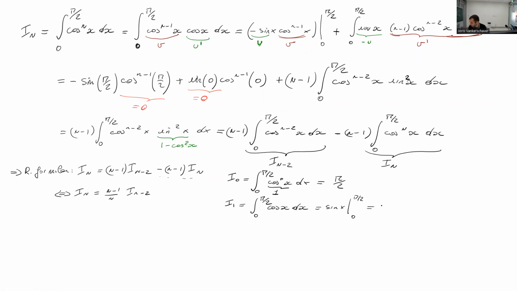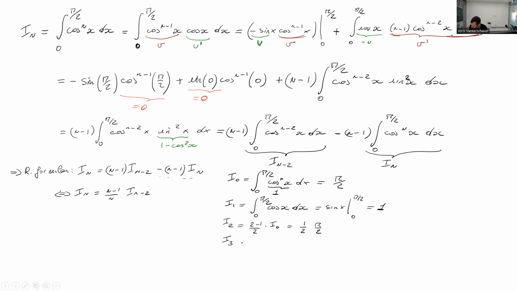Sine of pi over 2 is 1. Sine of 0 is 0. So 1 minus 0 gives me 1 for I1. And now we can use our formula to calculate I2. So I2 is 2 minus 1 divided by 2 times I0, or 1/2 times pi over 2.